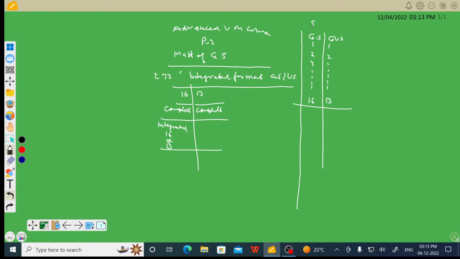This may be taken as system 1, this is system 2, and then we reach system 3, which is of Ganita Sutras and Upsutras combined.